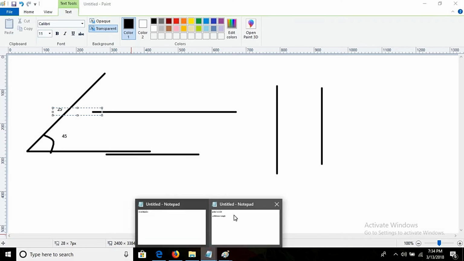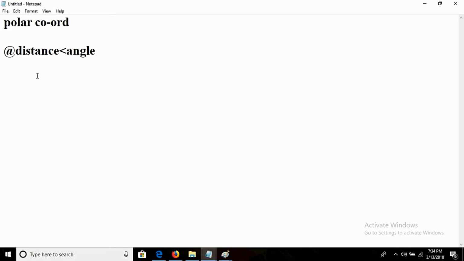So for example, I started here and I go to here. I started by at the rate of 25 at angle of 45. This is very simple. Why? Because if it is a cross line also, every cross line has an angle, so we can easily give those angles.